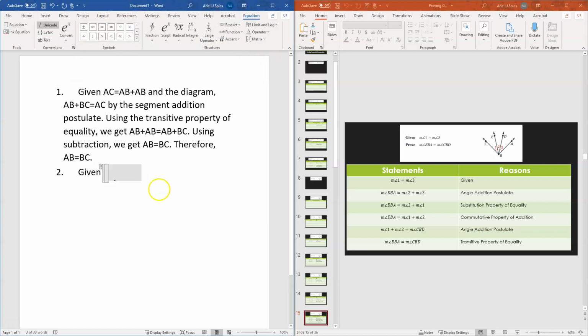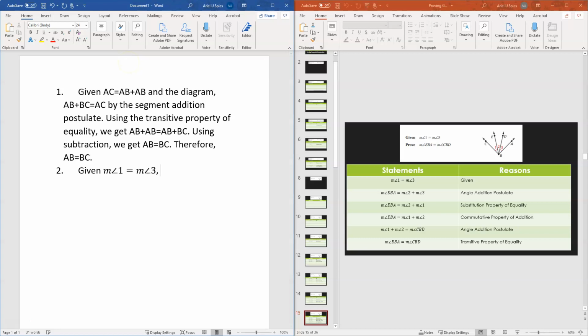I can type in M, and then up here, if I scroll down, it should be in here. Okay, if it's not in there, then I can do backslash, type the word angle, and it appears. So angle 1 equals measure of angle 3.